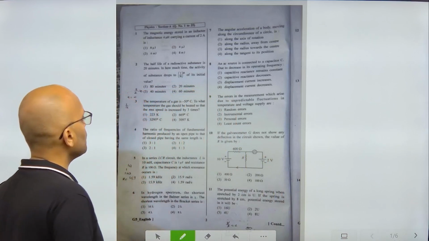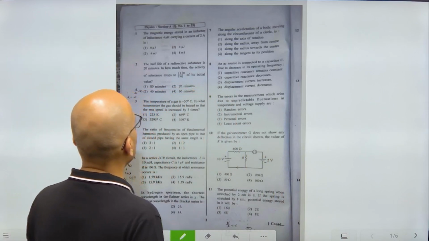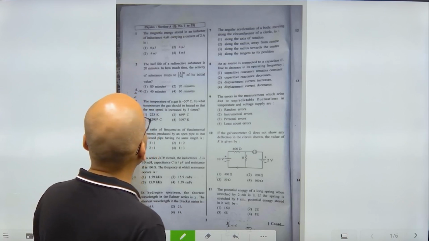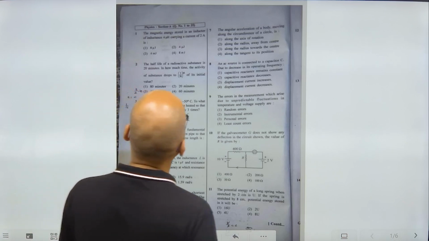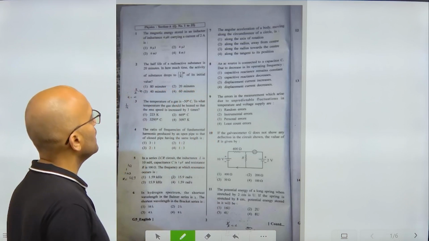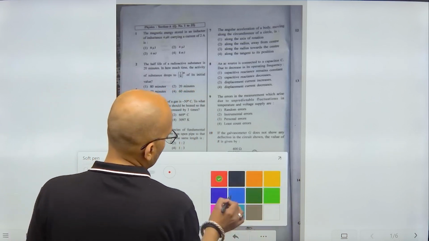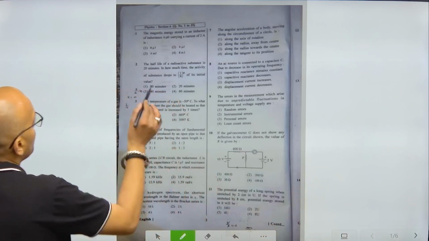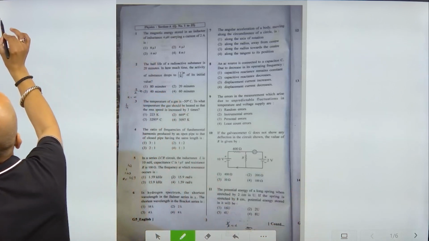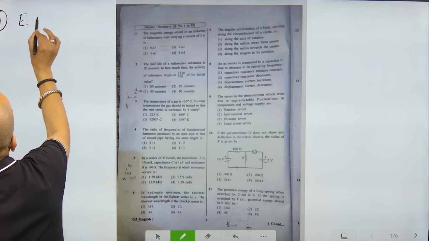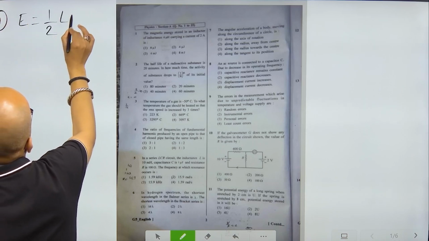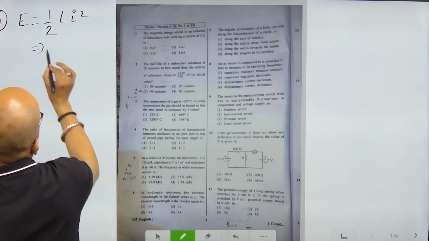Question number 1: the magnetic energy stored in an inductor of inductance 4 microhenry carrying a current of 2 ampere. So energy is asked in the inductor. Energy is given by the formula half Li square.